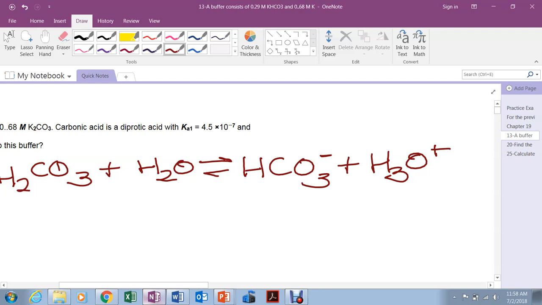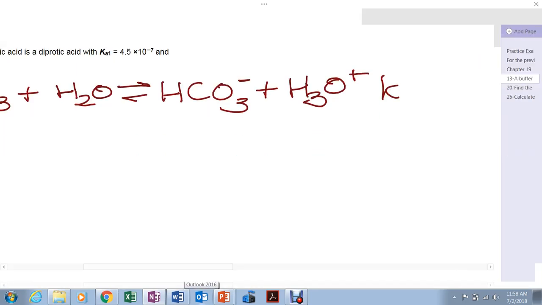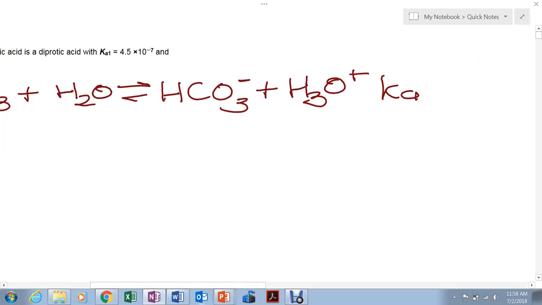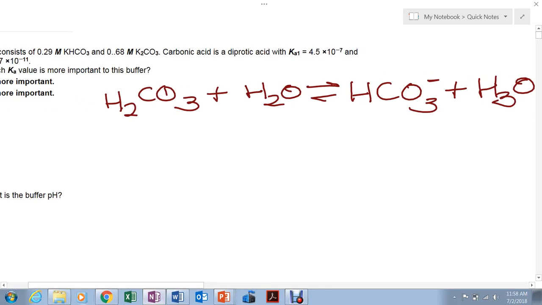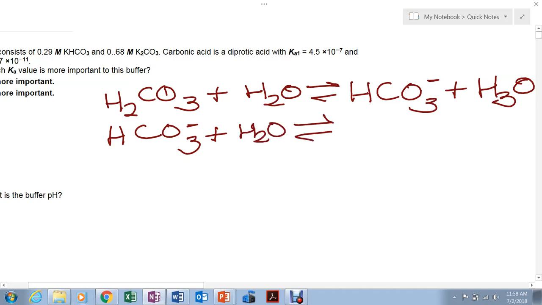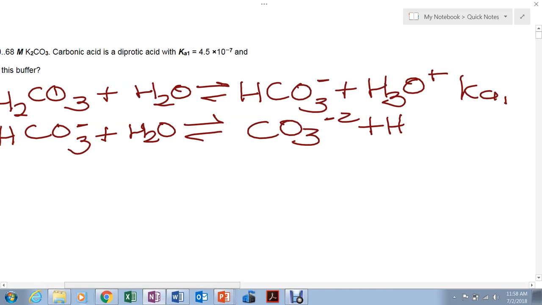Now the second one, this would be Ka1. The second one would be the conjugate base, second ionization: HCO3 negative plus the water again gives me CO3 negative 2 plus hydronium, sorry.